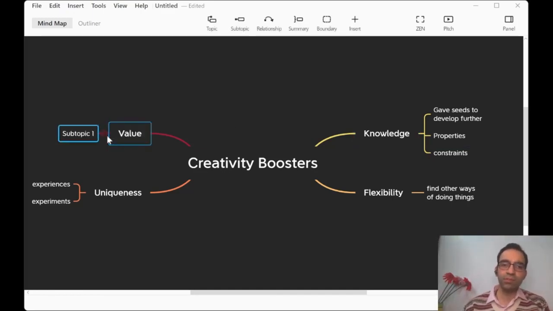Many of us thought of using baking soda as a dish cleaning material or something like that. So knowledge, flexibility, uniqueness, value, all these things, value that we associate with something.